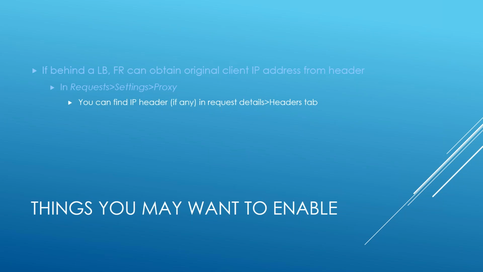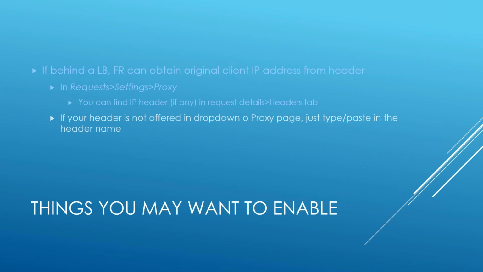If you're seeing everything have the same IP address, then in a given request's details in the headers tab, you'll see there's probably some header, maybe called X-Forwarded-For, maybe called real IP. You take whatever the name of that is, go back into request settings proxy, and either pick or put in that header name, and now FusionReactor will look at that header to get the real IP address.